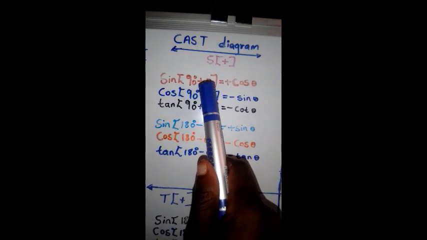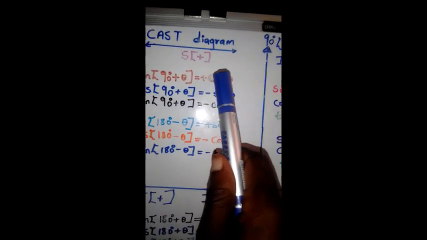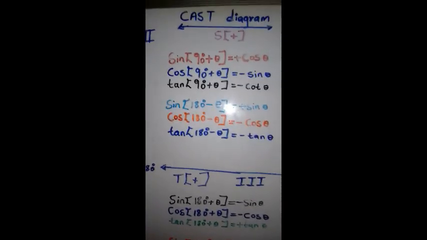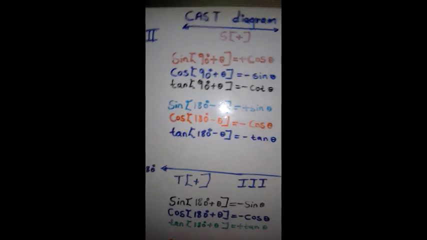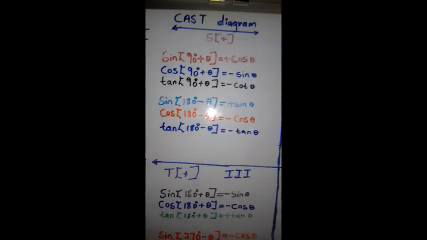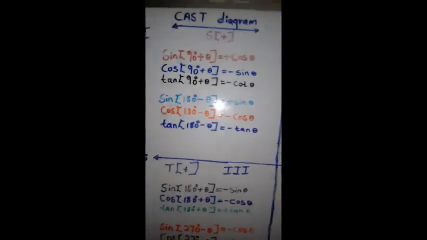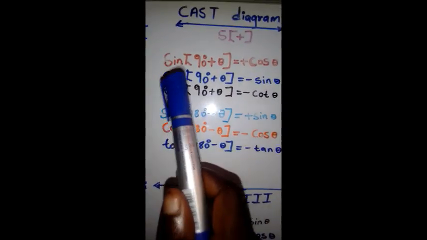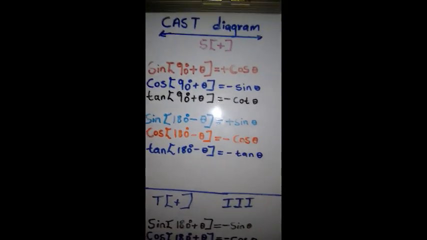90 plus theta means change, so it's going to be positive cos theta, because when sine changes it becomes cos, and cos changes to sine. It's vice versa, but tan changes to cot. Now let's do cos. Cos of 90 degrees plus theta.